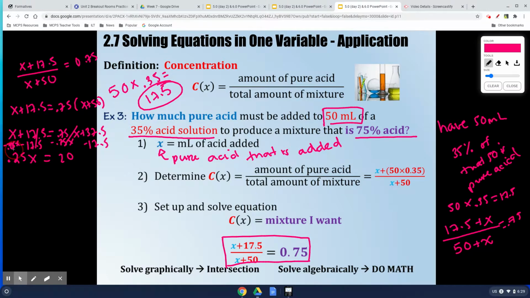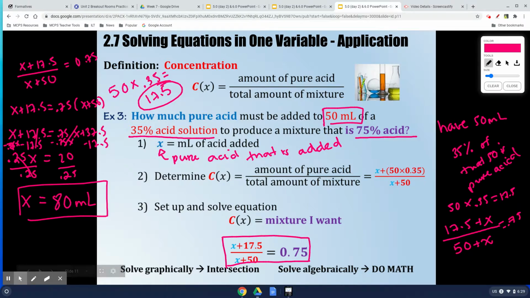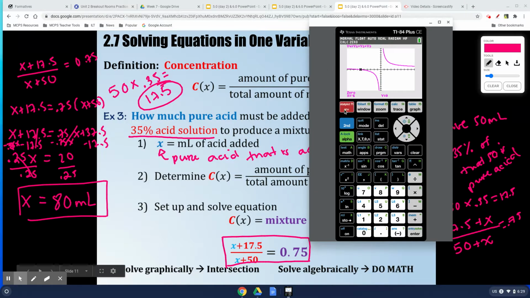That's a 20, sorry, it got messy. Divided by 0.25, that's just like multiplying by 4. So 20 divided by 1/4, or 20 times 4, I get 80 milliliters. So that is algebraically how I would go about solving this.